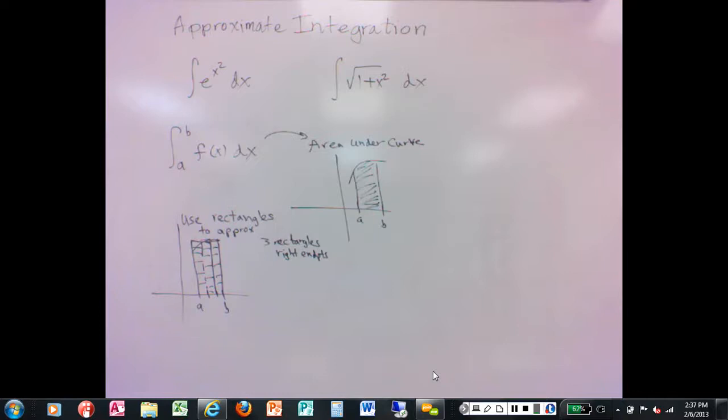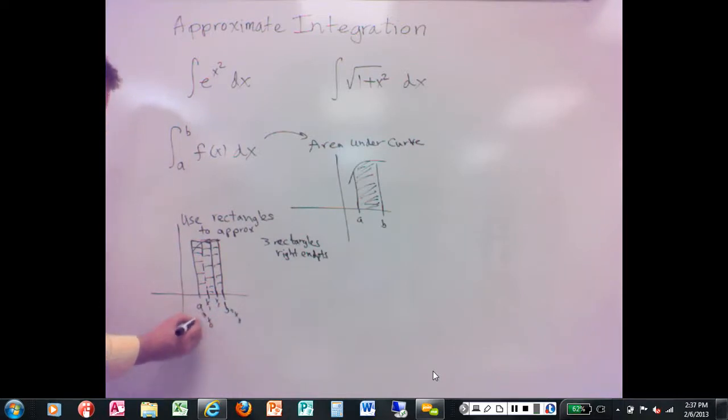Now, just to recall a few things. We go from a to b. What do we call these interim x values? Those were the x sub n's. This is x sub 1, this is x sub 2, b winds up being x sub 3, and a is x sub 0.